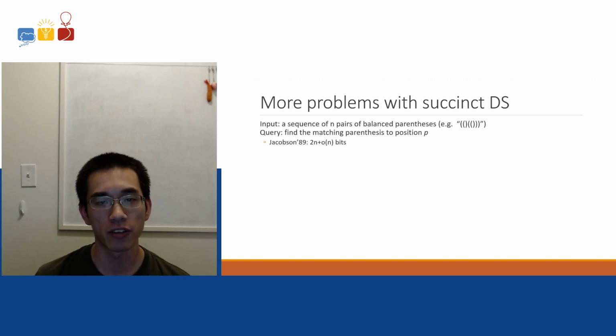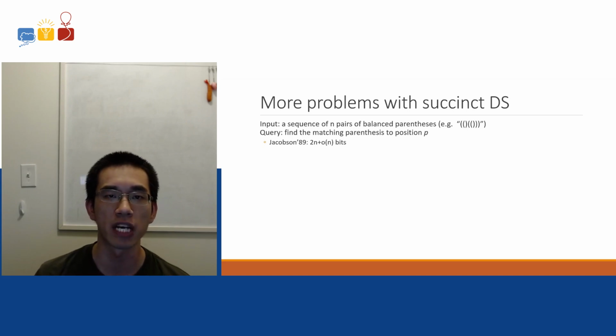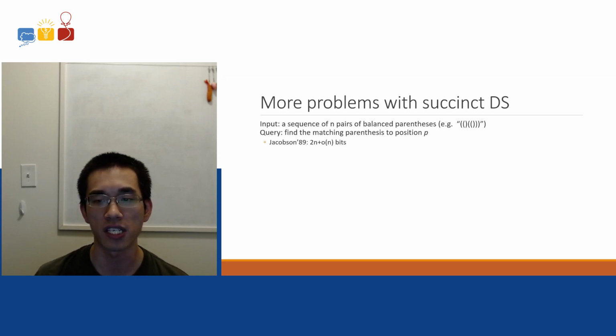We can use recurrence to show that the total number of inputs to this problem is the nth Catalan number, which turns out to be roughly 2^(2n) divided by n^1.5. By taking the logarithm, the optimal space for this problem is roughly 2n minus 1.5 log n. Jacobson's data structure uses 2n plus little o of n bits, which is succinct.